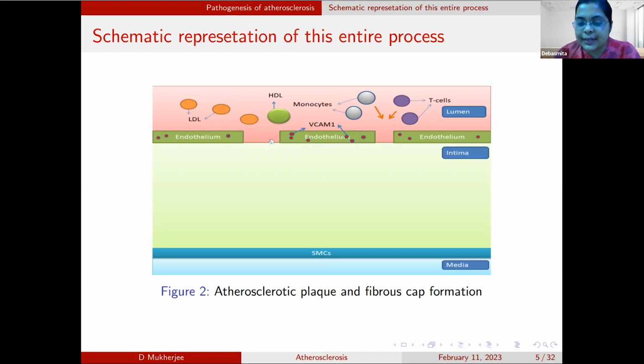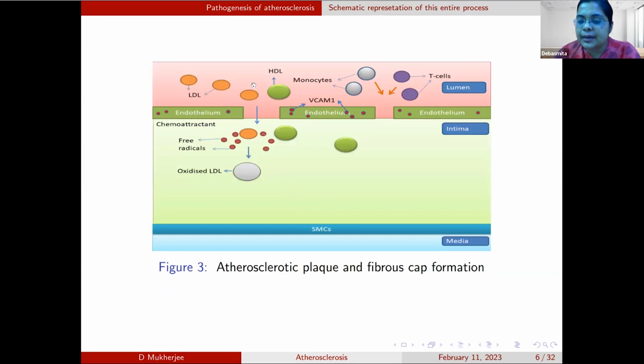Once the lesion is created, low density lipoprotein and high density lipoprotein, which are cholesterol, come into the intima layer. Inside the intima, these LDL particles get oxidized by free radicals and together they become oxidized LDL. When oxidized LDL is present in the intima layer, endothelium cells secrete vascular cell adhesion molecule 1, and they attract monocytes and T cells inside the intima.